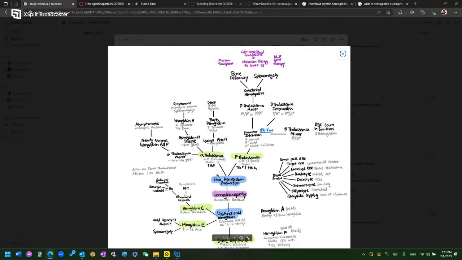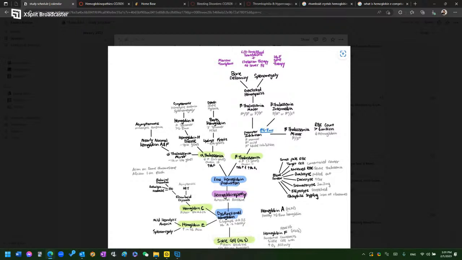I'm trying to remember, there are tetramers that are formed for each of these. Yes, okay, those are written up here. Sorry.